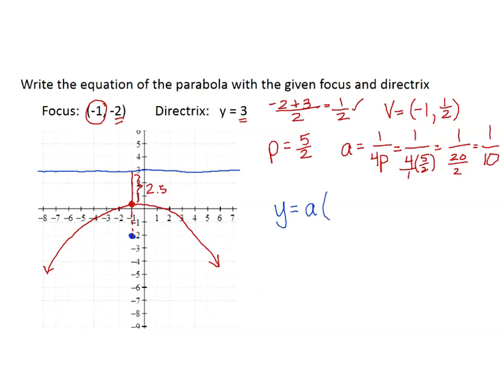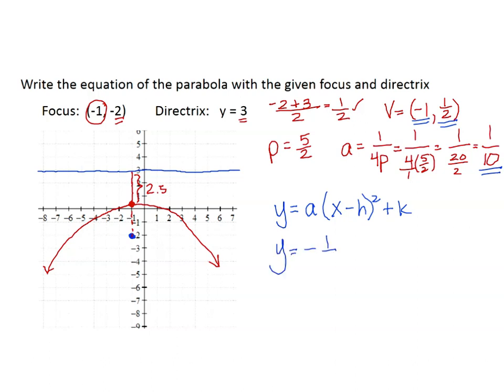So here's the equation with variables first: A, and then we have (x minus h) squared plus k. This is my h, this is my k, and this is part of my A. The other part I have to add in is I have to put a negative out in front because this parabola opens down. And again, the way that I know it opens down is it's always going to open toward the focus and away from the directrix.